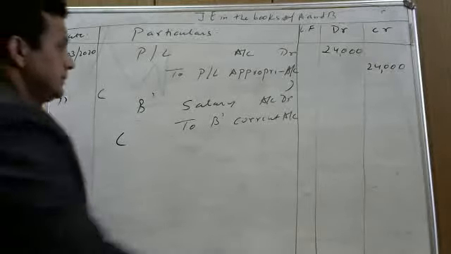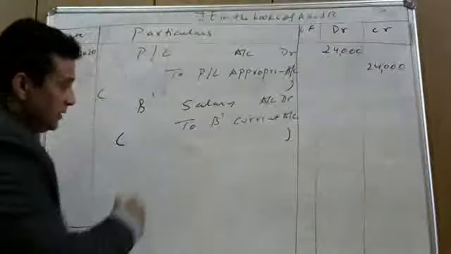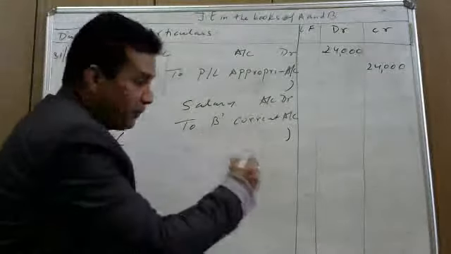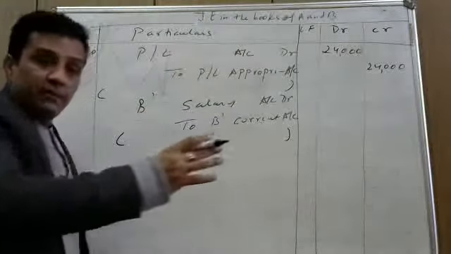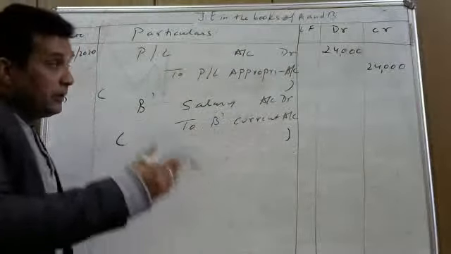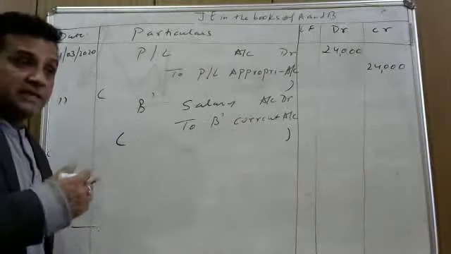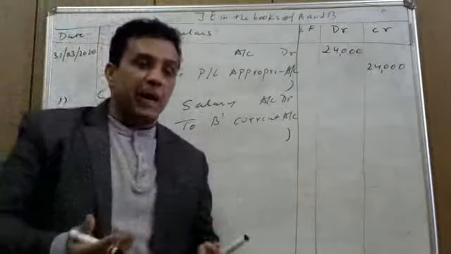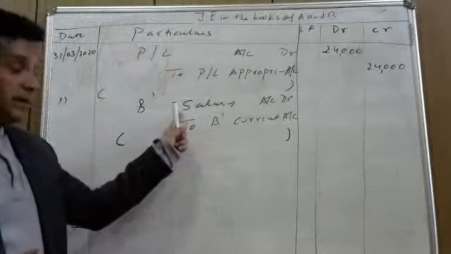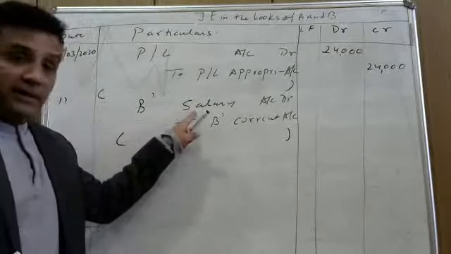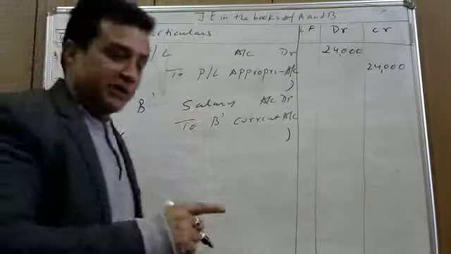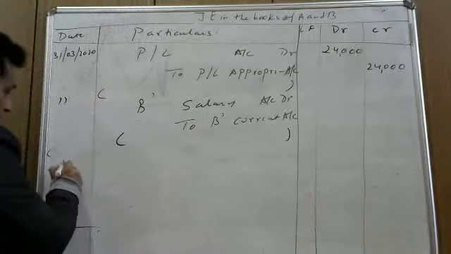The narration will be being salary provided to B's current account. When the firm is giving salary, it is not an expense for the firm; it is paid out of profit, and partner's salary is not a charge. I told you in my previous lecture, partner's salary is not a charge, it's an appropriation.